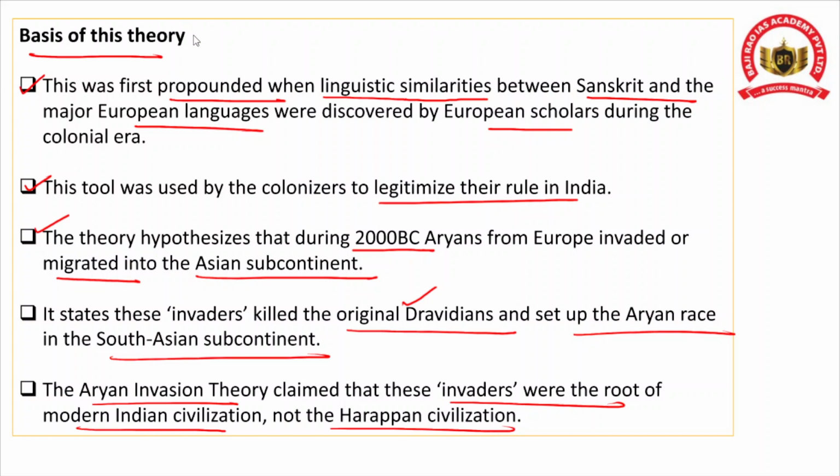So this is the entire basis of the Aryan invasion.